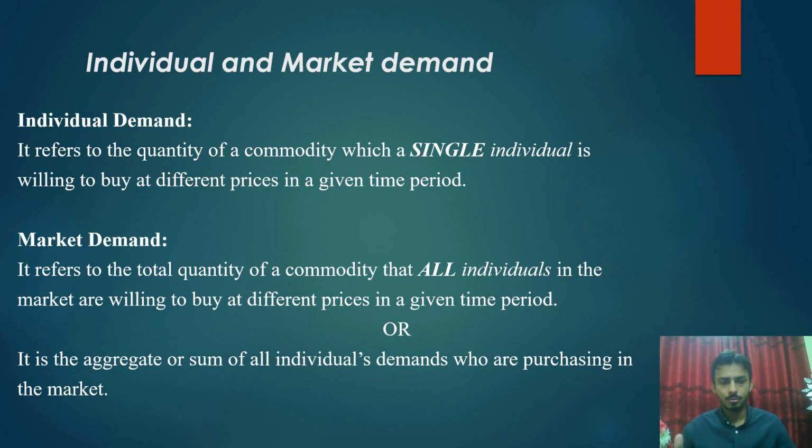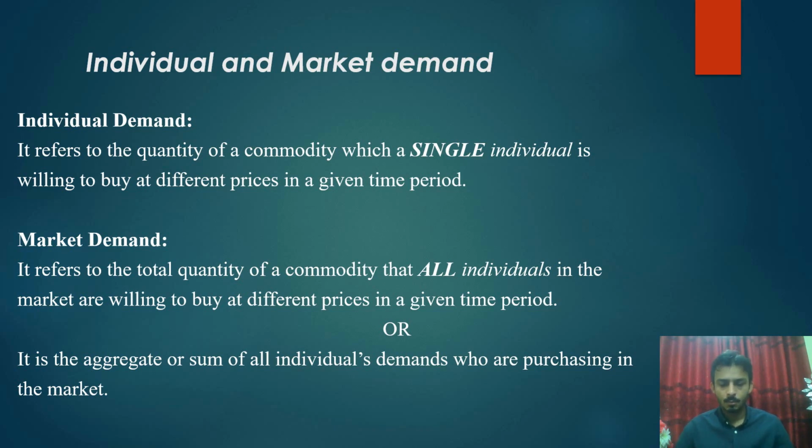It refers to the quantity of a commodity which a single individual is willing to buy at different prices in a given time period. If you look at this definition, the word individual itself is self-explanatory, right?